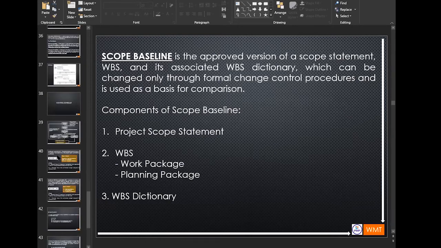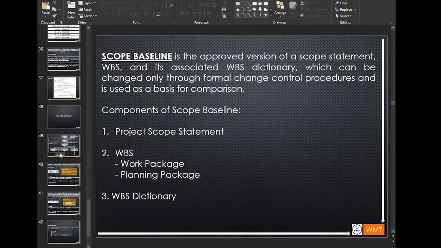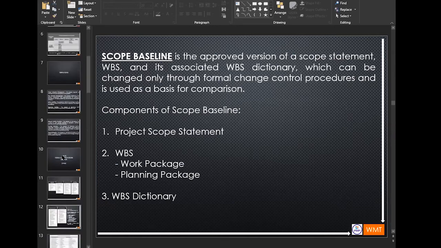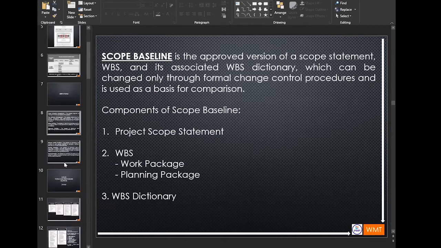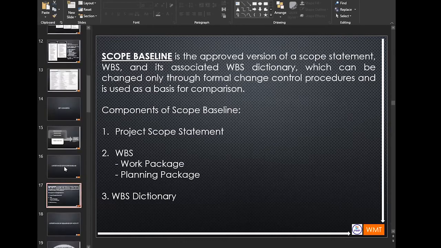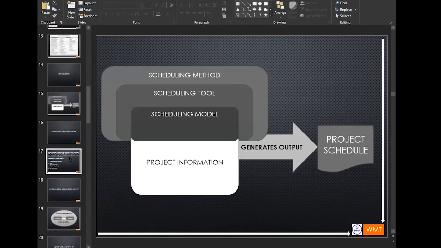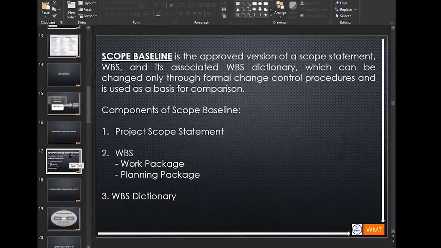Ang dictionary, i-attach siya kasi hindi mo naman pwede ma-define yung description ng activities doon. Simply definition lang talaga siya. For example, activity 1.1, nakalagay lang natin doon is preparation of server. Then, ano yung mga sub-activities for preparation of server.